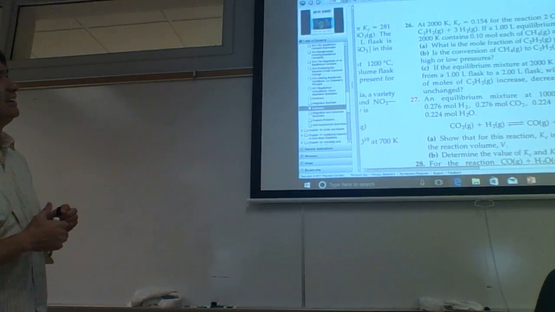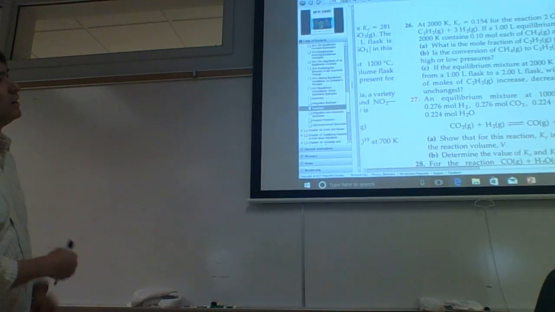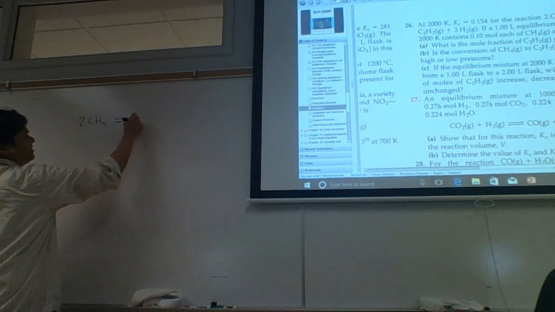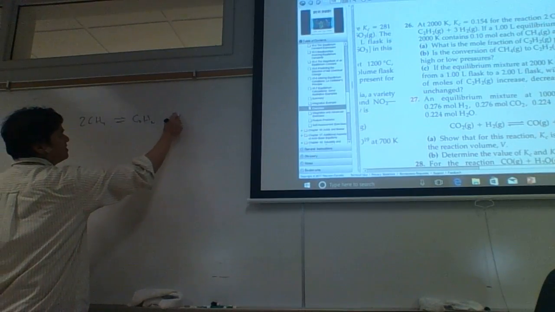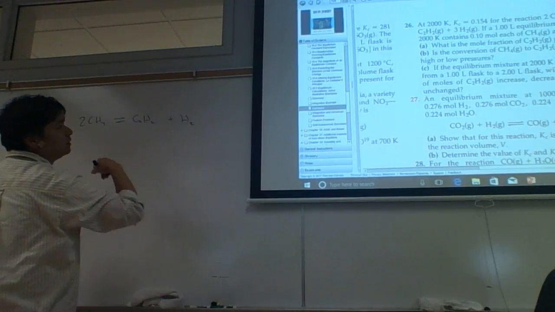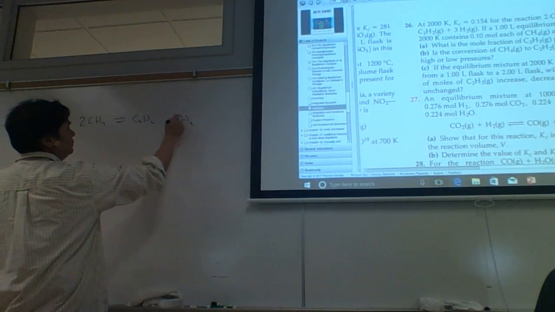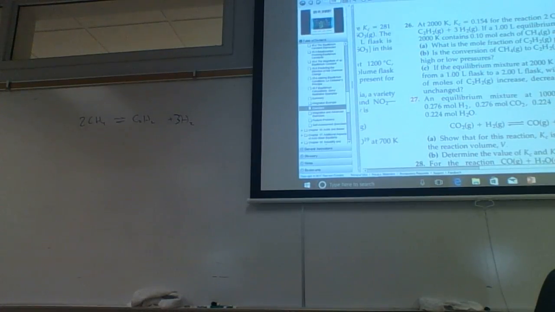So, the reaction is 2 methanes goes to C2H2 plus 3 hydrogens. This mixture is at equilibrium.